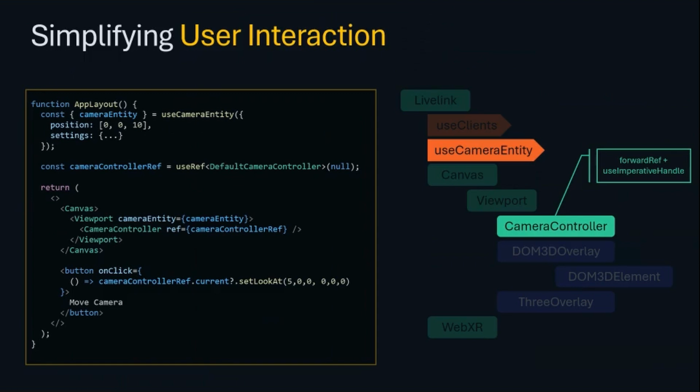What we mean by camera is all the settings related to the camera, like the field of view and all the graphics settings, a lot of them. With that hook, you can either fetch a pre-existing one or create a new one by specifying its position in the world and the settings that you want.